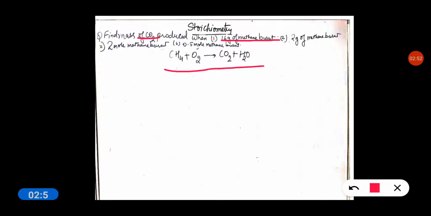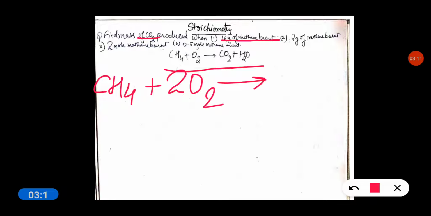Whenever oxidation or combustion takes place, it gives carbon dioxide and water. So first of all we will balance it. When you balance it, it will be CH4 plus 2O2 gives CO2 plus 2H2O. From this equation, which information are we getting?